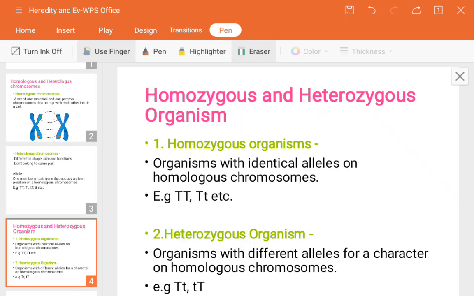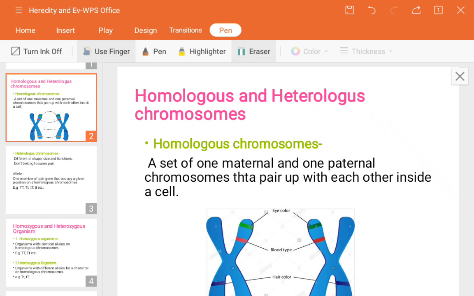Next is homozygous and heterozygous. What do homozygous and heterozygous organisms mean? See guys, there are two types of organisms present in nature. Homozygous organisms are organisms with identical alleles on a homologous chromosome. Identical alleles means, as I told you, the traits are corresponding to each other from maternal and paternal sides. If a trait is present at this position, the same trait of the gene will be present on the maternal side.